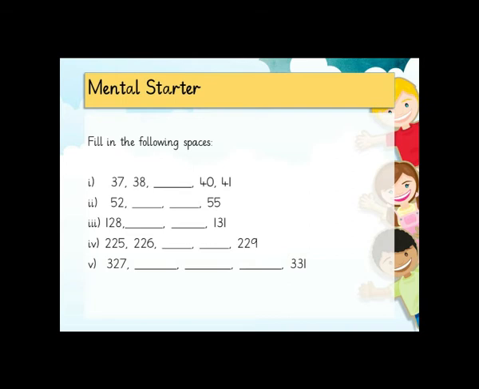Then number 4, 225, 226 and then comes 227, 228 and then 229. For the last part, 327 and then comes 328, 329, 330 and 331.